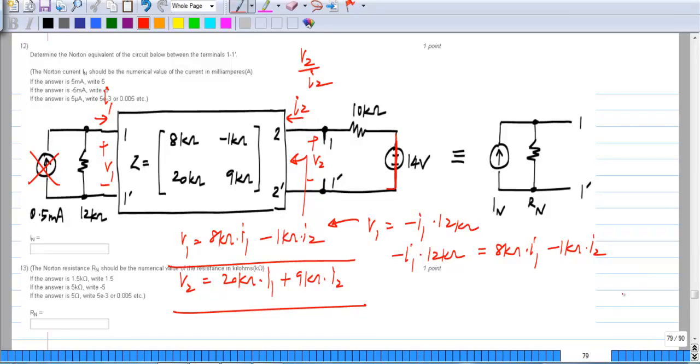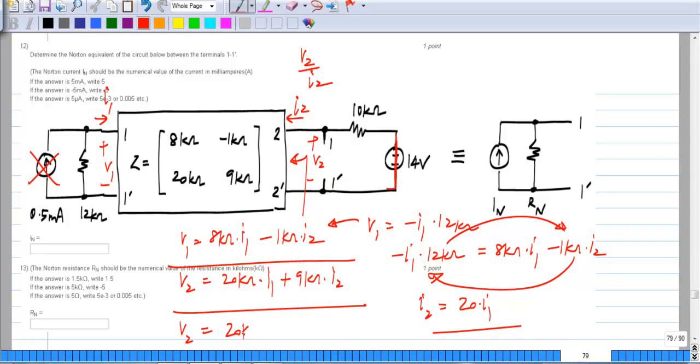And if I take this to this side and that to that side, I2 will be 20 times I1. And I substitute that in here, so I'll get V2 to be 20 kilo ohms times I1, which is 20 kilo ohms times I2 divided by 20, plus 9 kilo ohms times I2, which simply turns out to be 10 kilo ohm times I2.